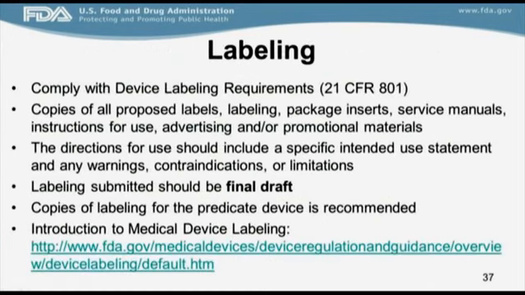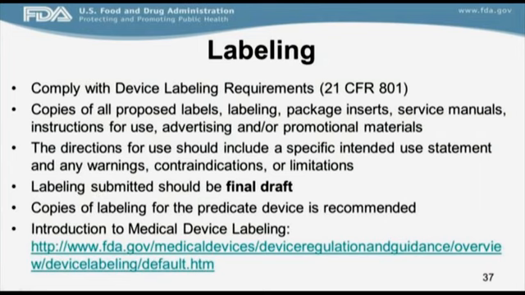Within your 510K, you should provide your proposed labeling for your device. Your device labeling should comply with the requirements of 21 CFR 801. Copies of all your proposed labeling are recommended, including your package insert, service manuals, instructions for use, advertising, and/or promotional materials. The directions for use should include your specific intended use statement and any warnings or contraindications or limitations for your device.